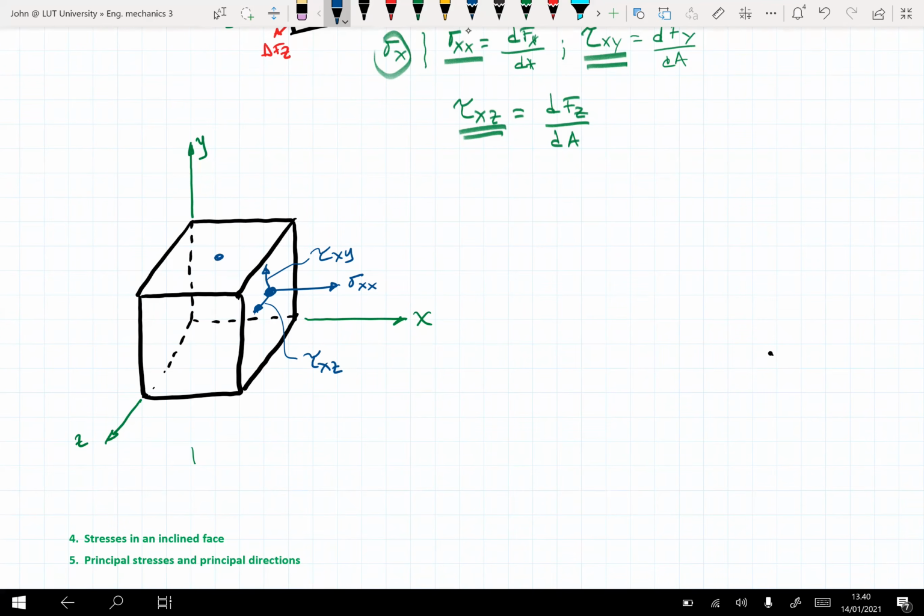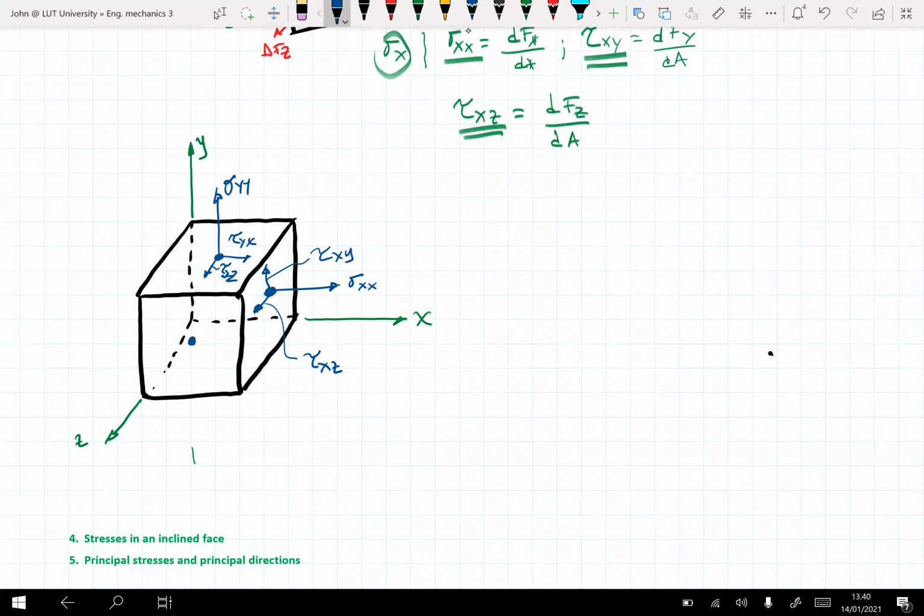Then in the y direction, I will have sigma yy, normal stress, tau yx, and here tau yz. I will keep the same color here.